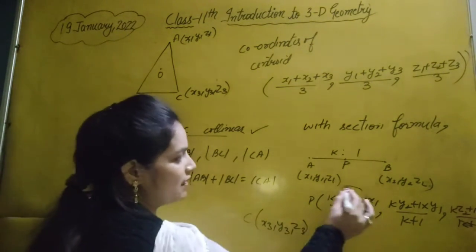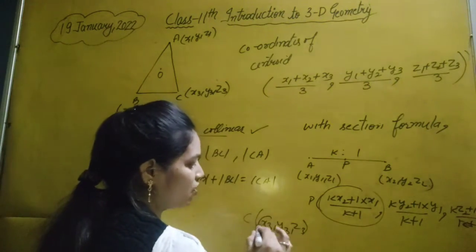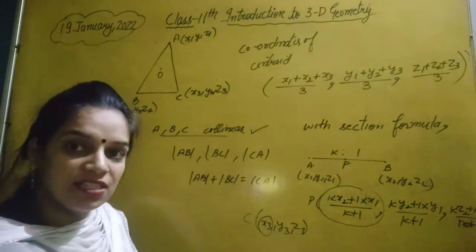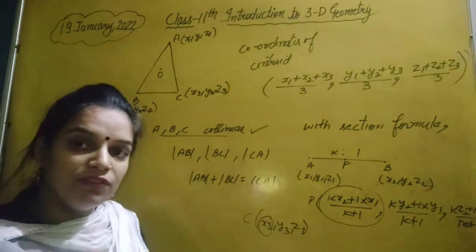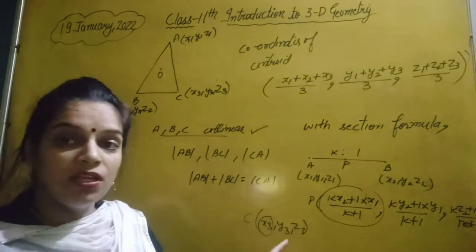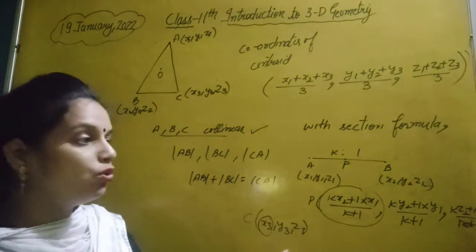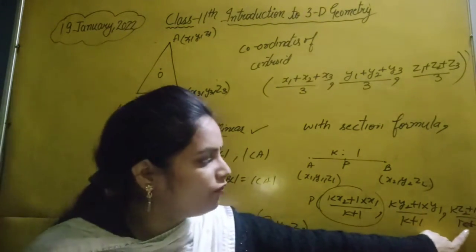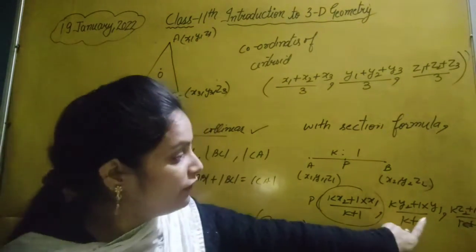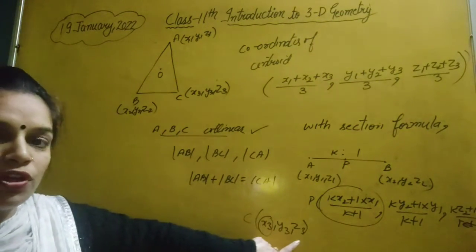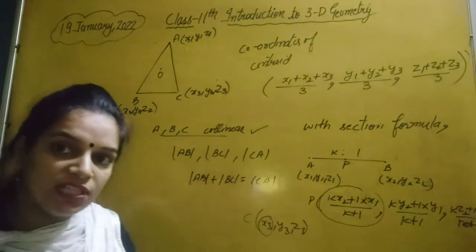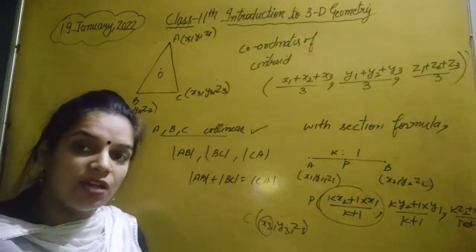Then we will replace this value with x3, and from there we will find the value of k. After equating them, put that value of k in the other two coordinates. If these coordinates are the same as the y and z coordinates of the point C, then we will say these 3 points are collinear.